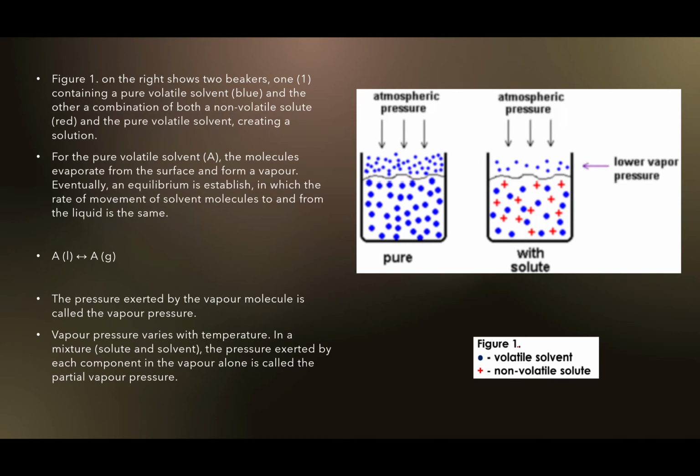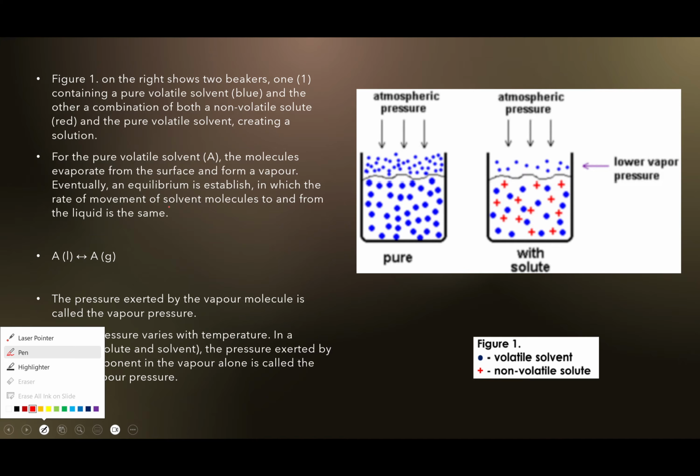If we increase the temperature of a substance, we increase its rate of evaporation, so the vapor pressure will increase. If we decrease the temperature, the vapor pressure will decrease. Therefore, vapor pressure is directly proportional to temperature.